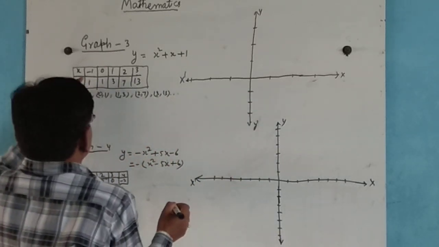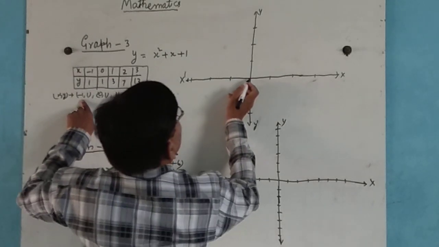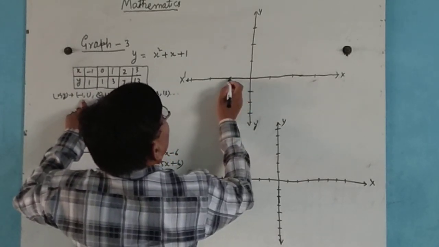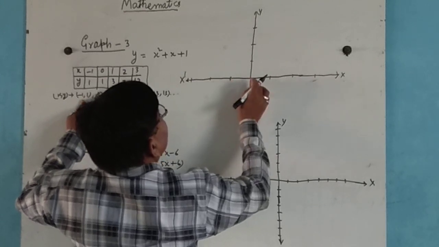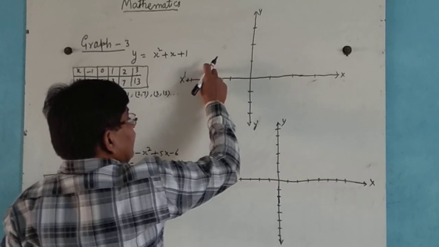Now -1, 1 here. This is the x-axis. Here is positive and here is negative.